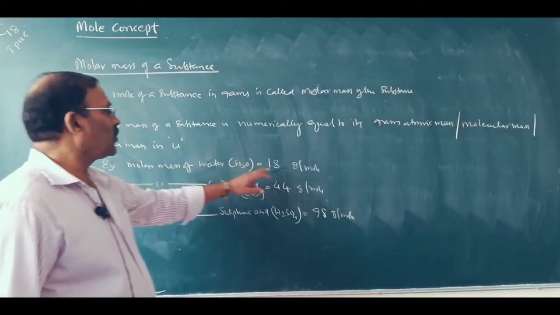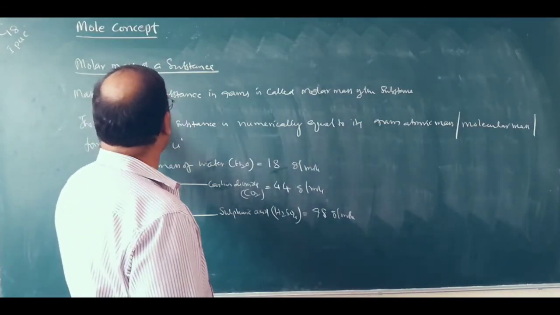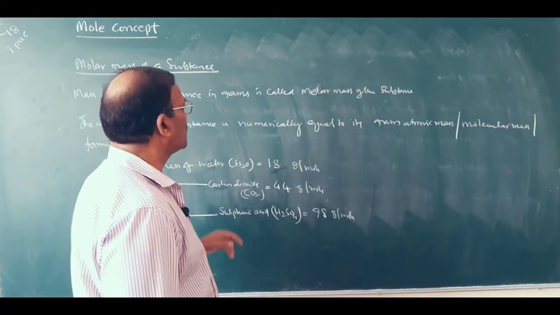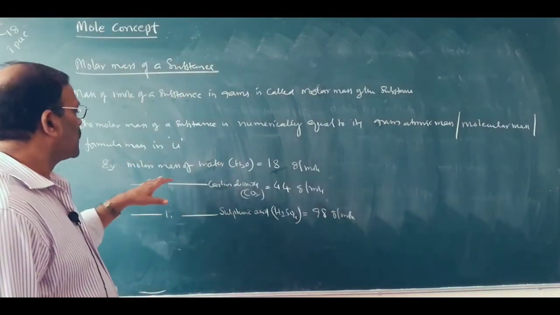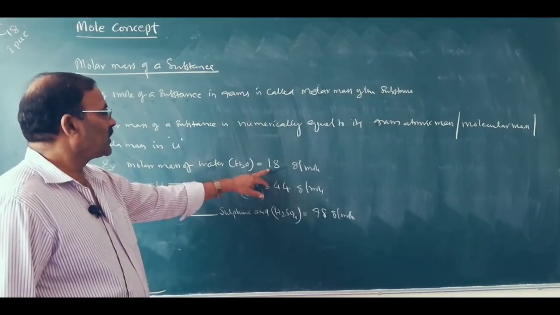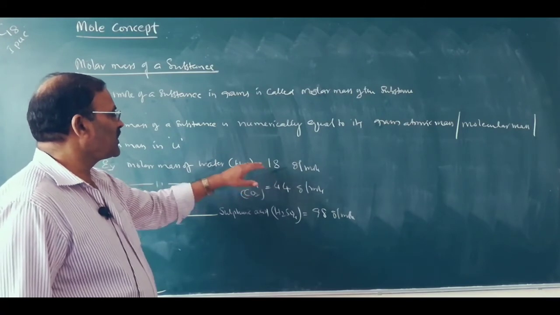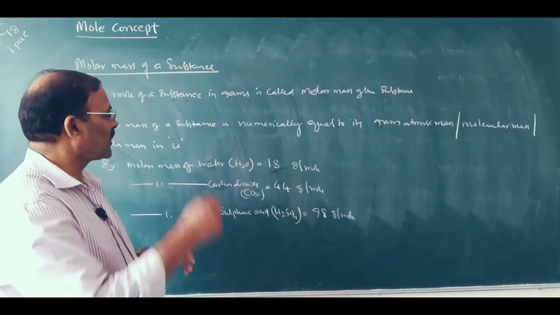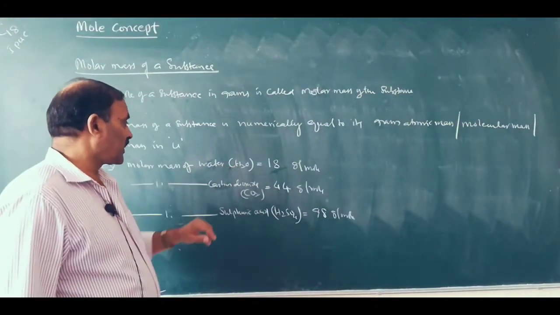Mass of 1 mole of a substance in grams is called molar mass of the substance. So 18 u is the molecular mass of water. 18 gram is called gram molecular mass of water.